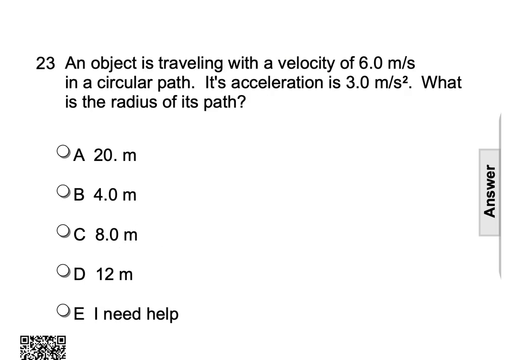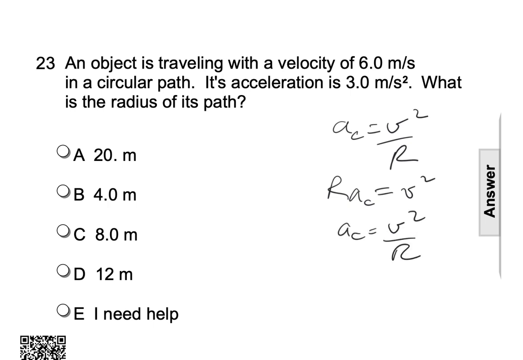Skipping this one, it's the same thing. AC equals V squared over R equation. But you're solving for R. So I cross multiply. And then I'm solving for AC. So AC equals V squared over R. And I plug my numbers in.